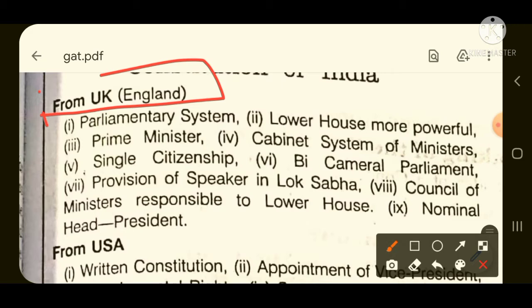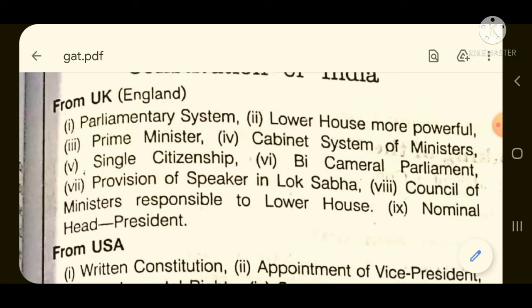From England we have taken the parliamentary form of government. Parliamentary form of government means we have two houses in the parliament, Lok Sabha and Rajya Sabha. Even in the Parliament of England they have two houses. In the same way, in our parliament we have two houses, Lok Sabha and Rajya Sabha. In the UK, the lower house is considered more powerful.